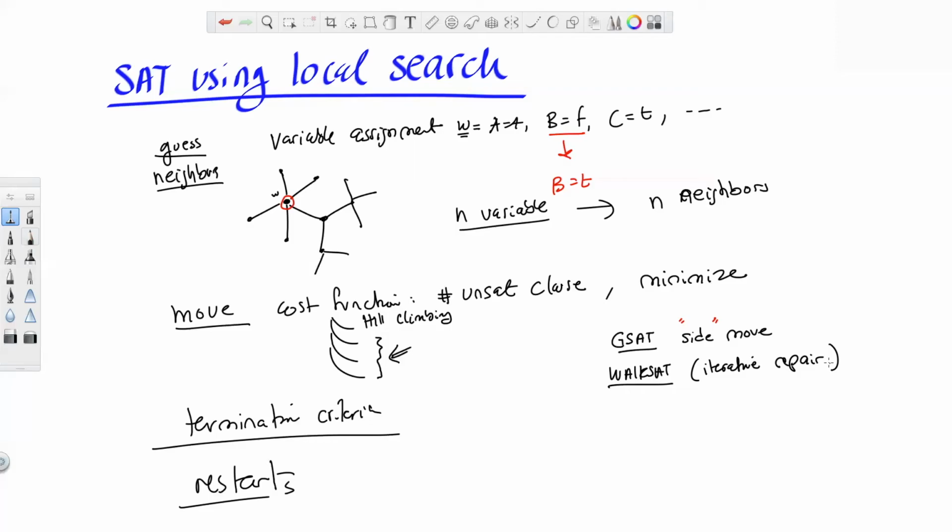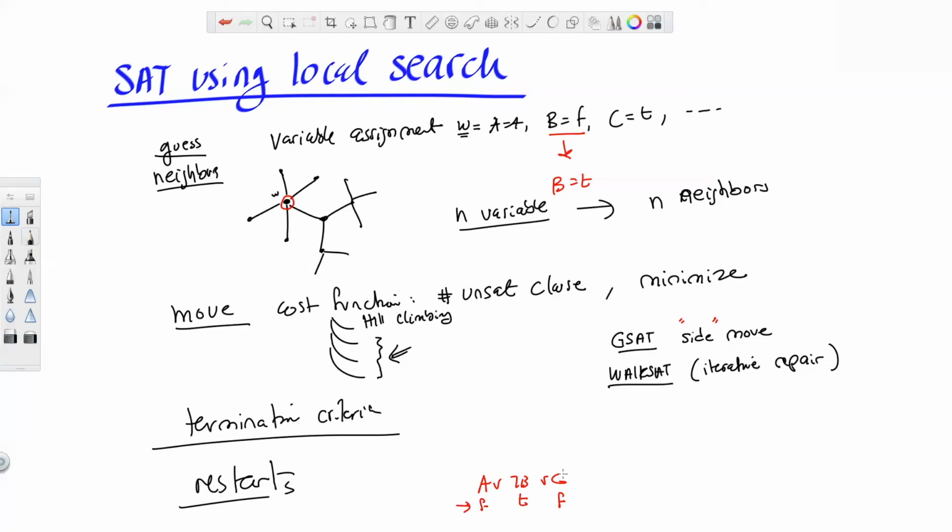So you pick one of these clauses and try to fix it, to satisfy it. If you had one of these clauses, say A or not B or C, and it's already not satisfied, this is one of the 15, what does that tell you? It tells you your current world is setting A to false, B to true, and C to false. It must be that way for this clause to be falsified. Then you flip one of these variables.